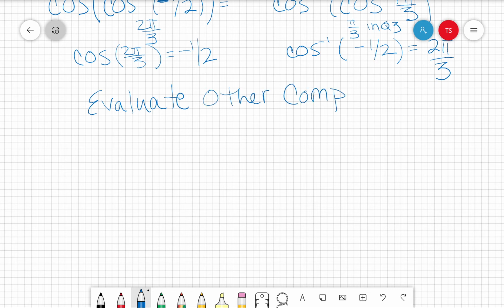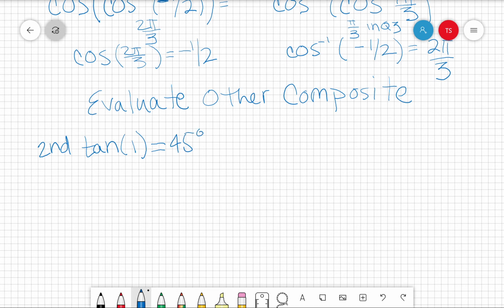And by the way, your calculator has an inverse trig button. So for the inverse sine, cosine, and tangent, it's typically the second function above the sine, cosine, tangent on your calculator. So if you put in your calculator second tan 1, in degree mode, it's going to tell you 45 degrees.